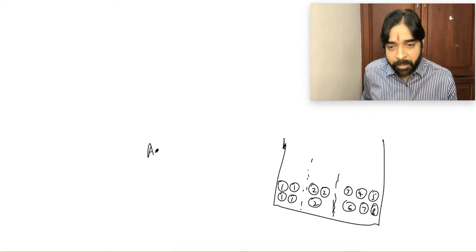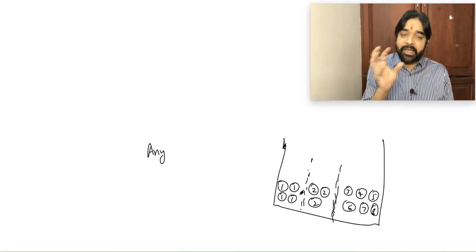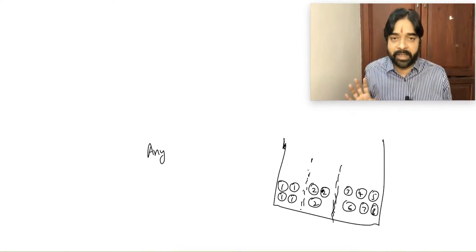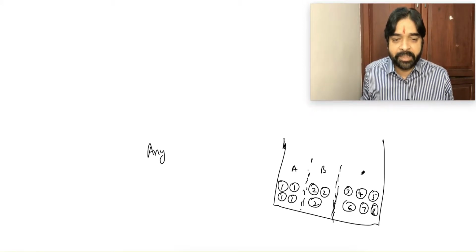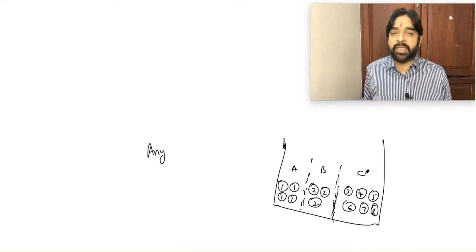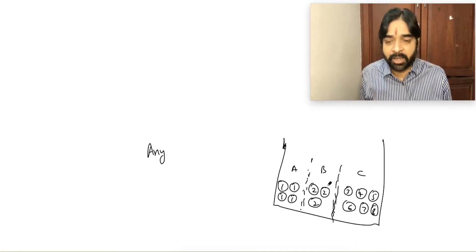Any number from the container. Let's say these are 3 different containers, simple. Inside the big container, a small imaginary container is there. Let's call this container A, this container B, this container C. Imaginary containers, basically the containers are not there.